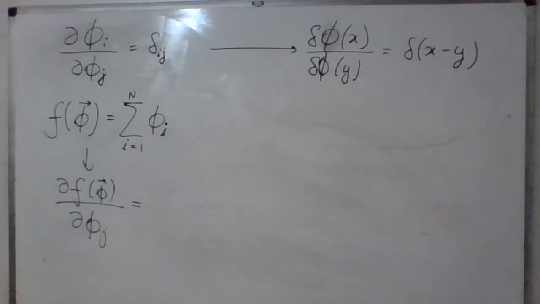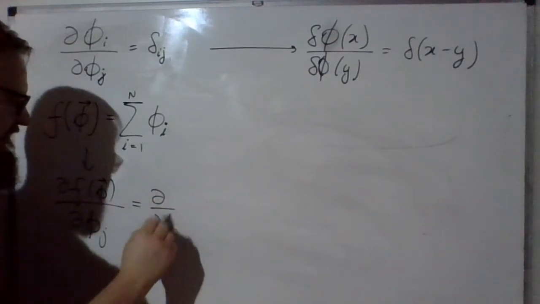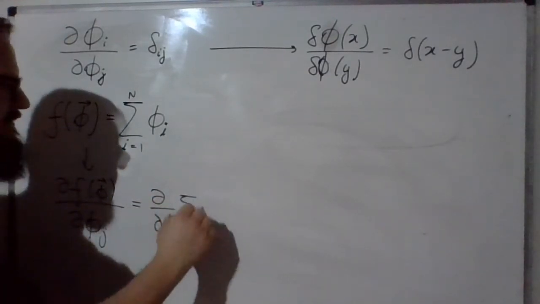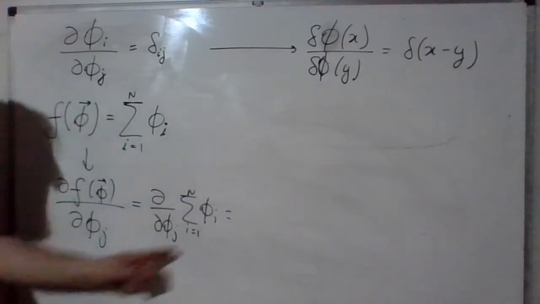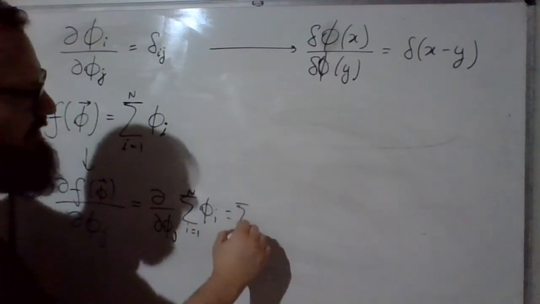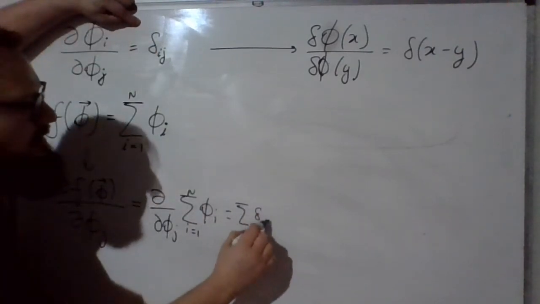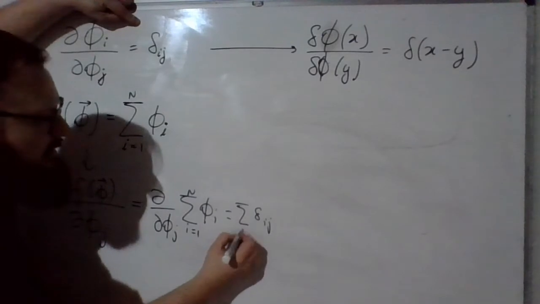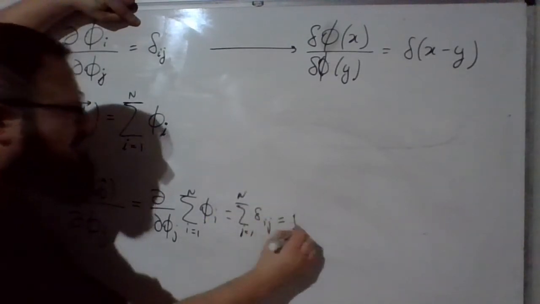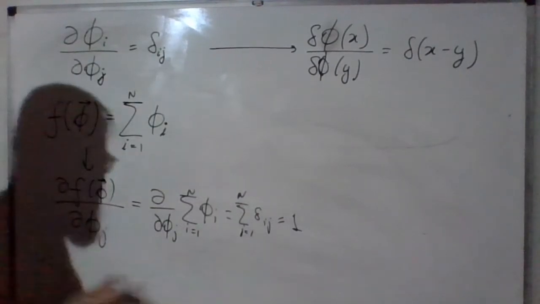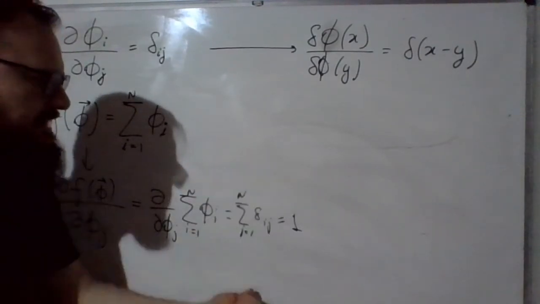let me use I here to not confuse you. Okay, so I'll calculate the derivative of the summation of phi I from 1 to n. Now I have the summation of Kronecker delta, because using this property, the summation from I going from 1 to n produces 1, because I specify some j, but I sum over all the n's.